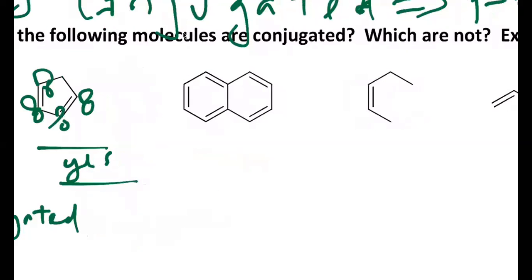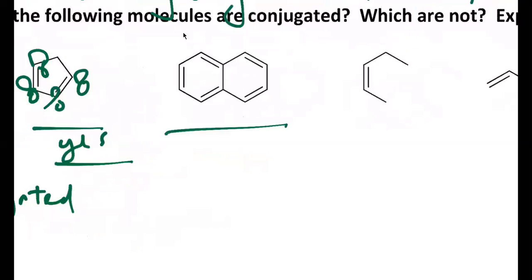What do you think? I mean, obviously there's conjugation, right? If you just look at the double bonds and the single bonds, you can see that they're alternating, right? You have a double, single, double, single, double. And then if you look at the rest of the system, you'll see that this is also a fully conjugated system.